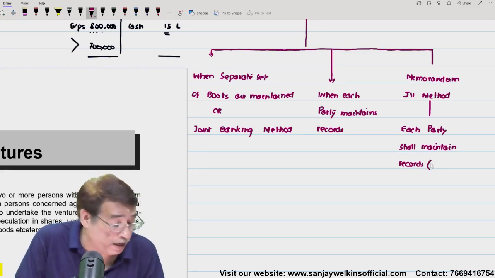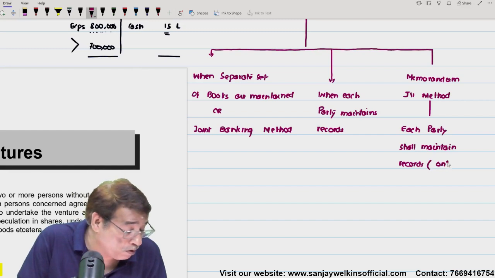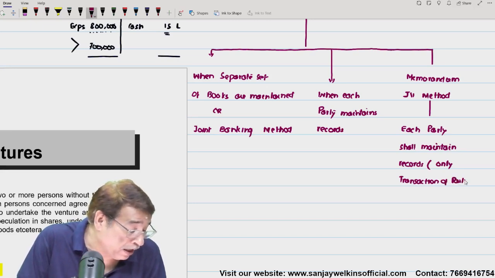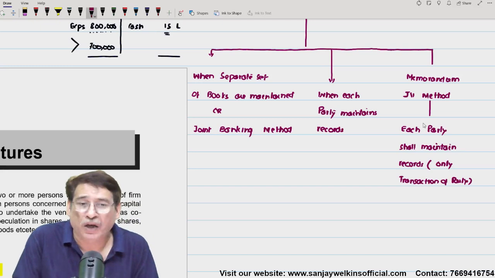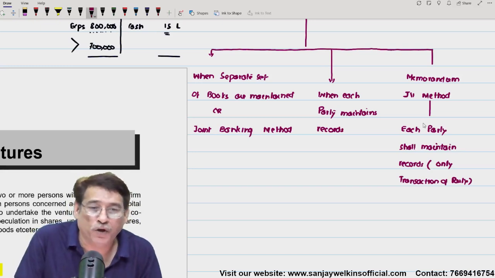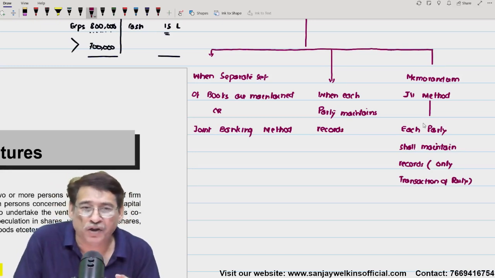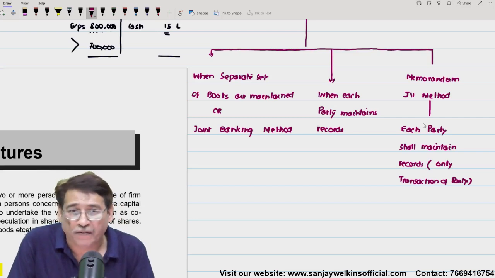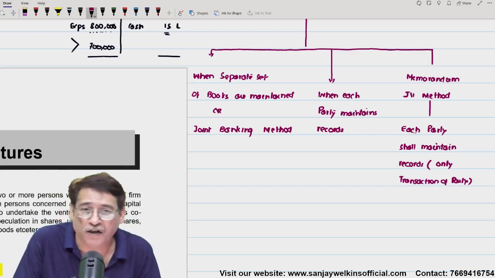In brackets, you write only the transactions of the party. Suppose there are two parties, A and B. So A will maintain an account in its book, but it will record only those transactions which are incurred by A. That is the difference between the second and third method.